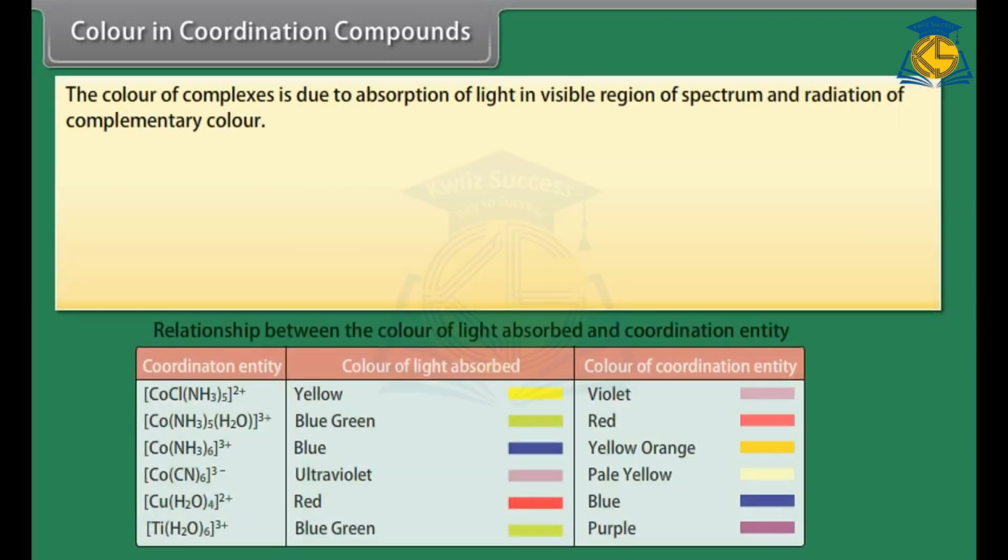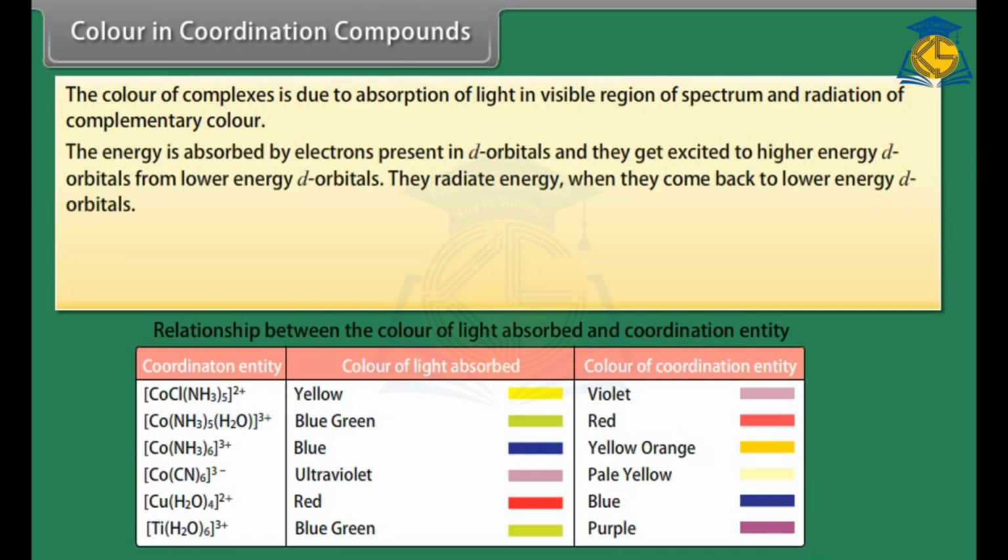Color in coordination compounds. The color of complexes is due to absorption of light in the visible region of the spectrum and radiation of the complementary color. The energy is absorbed by electrons present in d orbitals and they get excited from lower energy d orbitals to higher energy d orbitals. They radiate energy when they come back to lower energy d orbitals.